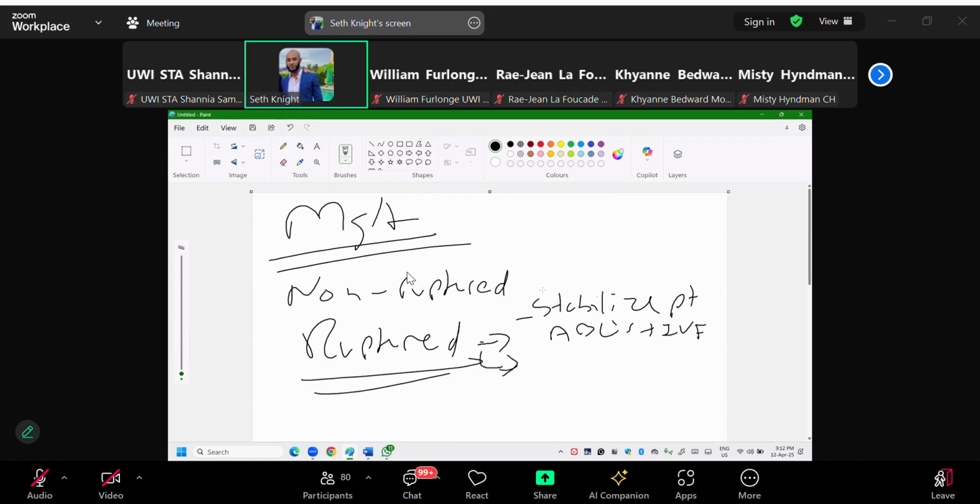So there are two repairs now, and that is the open repair, which remains the gold standard, or there's also something called EVAR, right? Which is your endovascular repair. So open repair is still the gold standard of management. EVAR is a reliable alternative, meaning that you can still choose this over the open repair.